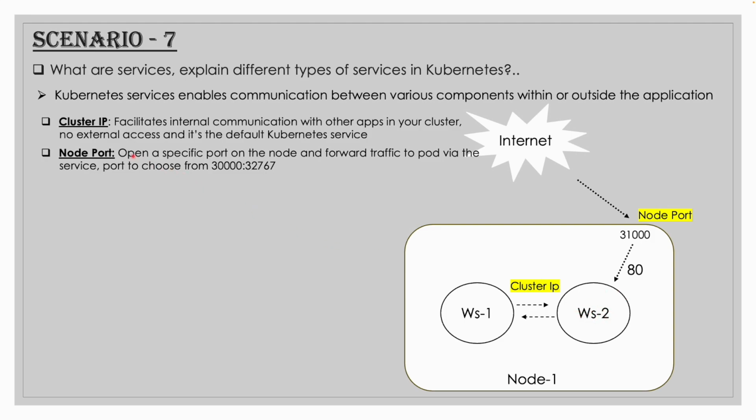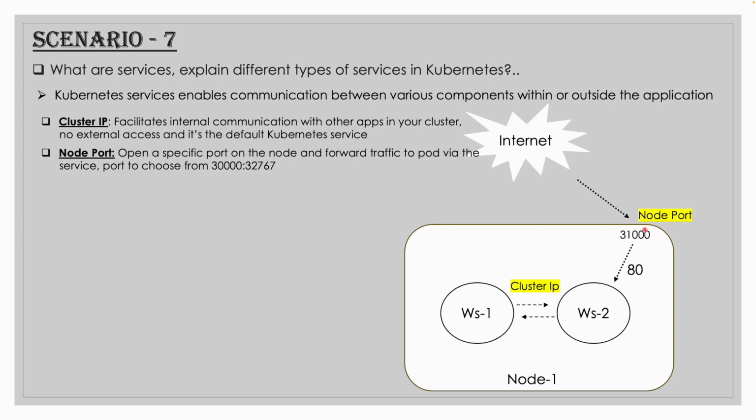So what node port does is open a specific port on the node and forward the traffic to the pod via the service. The port to choose is in the range 30,000 to 32767. This is the range within which you can select the port. Now this is one way of accessing your application from internet.